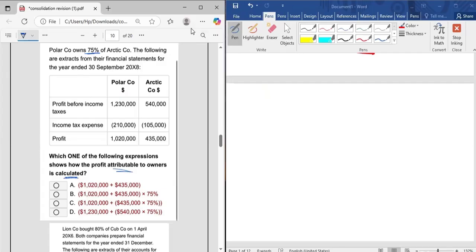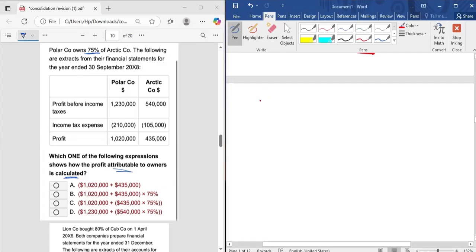This Polar Company is our parent company and Arctic Company is our subsidiary. Polar has acquired 75% of Arctic. So whatever profit Arctic will make, the parent company has only 75% share in that profit.